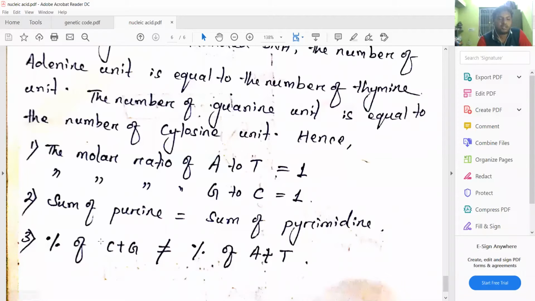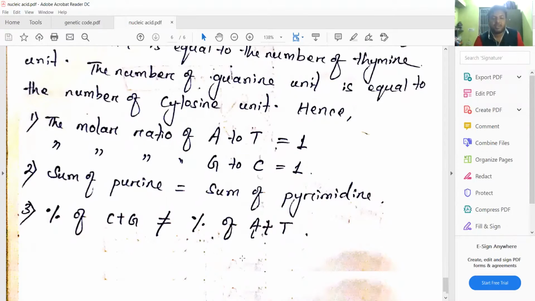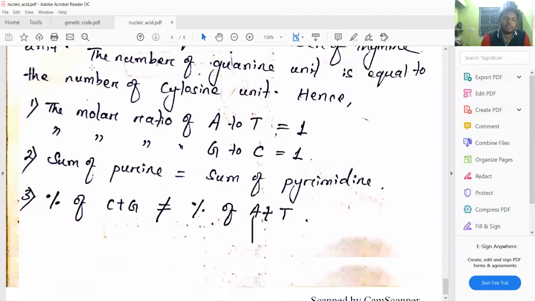One most important point is that the percentage of C plus G is not equal to A plus T. It cannot be equal to A plus T, but A plus G is equal to C plus T. So these are the three basic features of Chargaff's rule. First, A by T is equal to 1 and G by C is equal to 1, that is, G is equal to C. Again, the sum of purine bases is equal to the sum of pyrimidine bases.